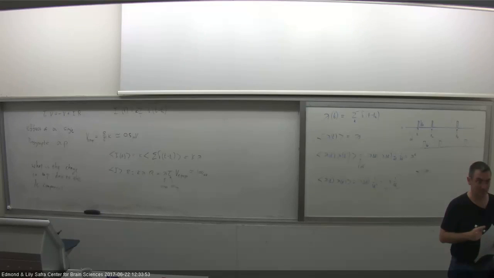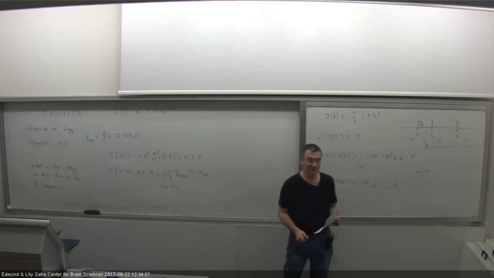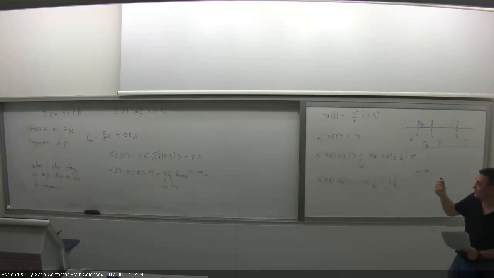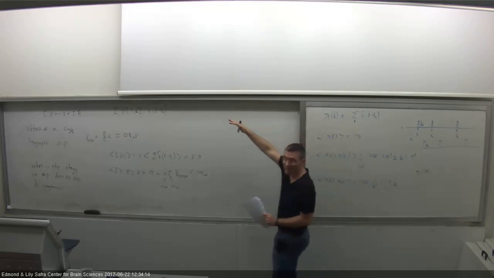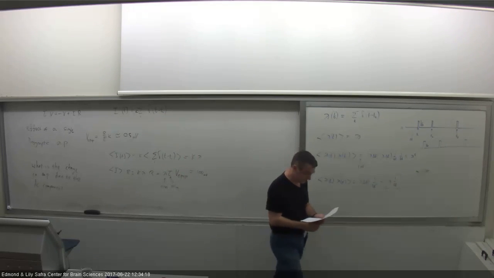What tool? The white noise. We computed the fluctuation of the membrane potential in response to white noise. So we can think about this input as white noise. It has zero correlations because these are just sums of delta functions.